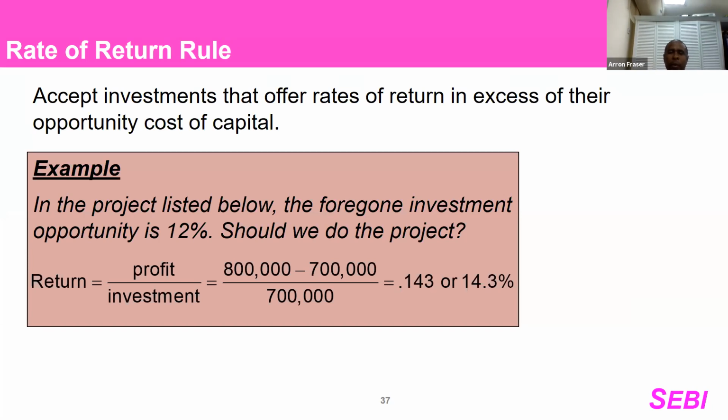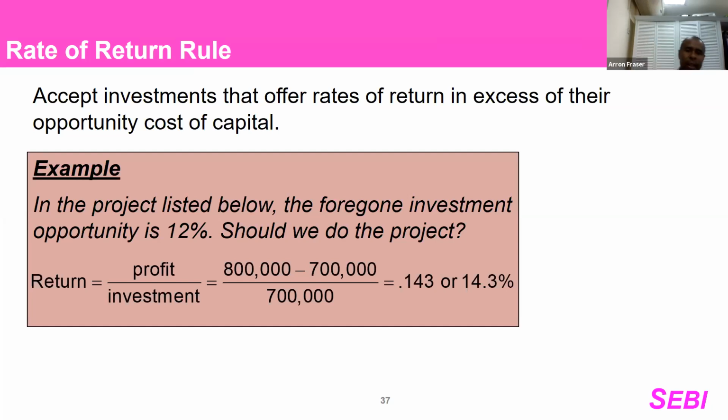We're saying that we're foregoing an investment opportunity that has a return of 12%. But the return for this project is what we call a nominal return. This doesn't take into account any discounting.